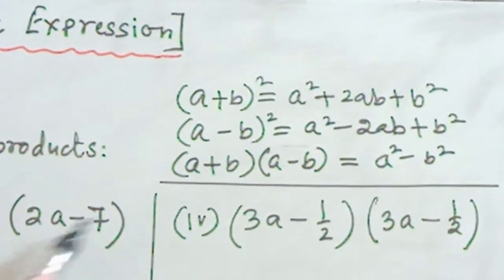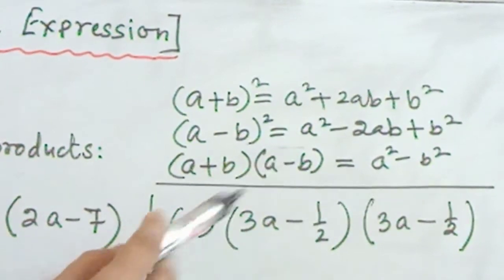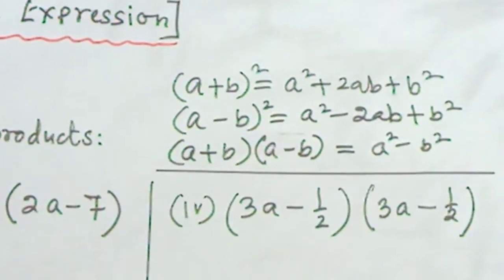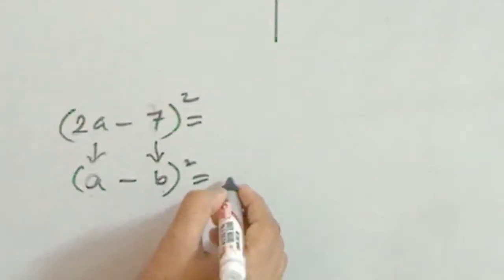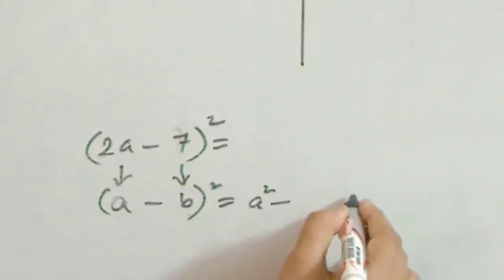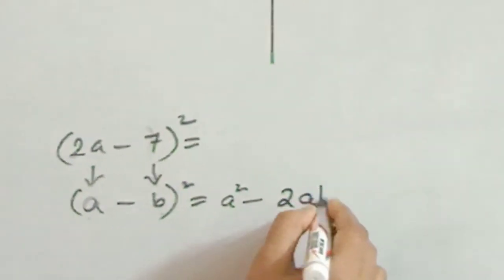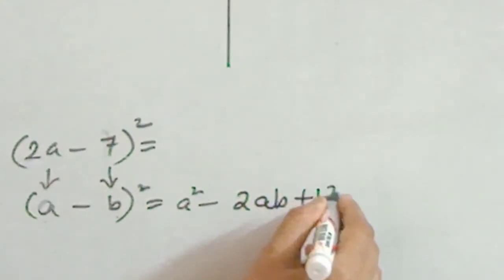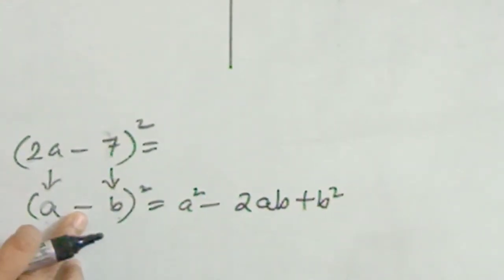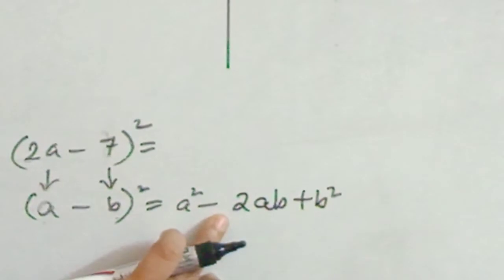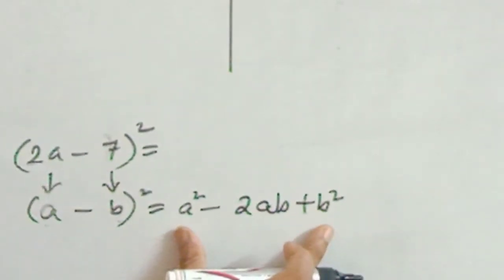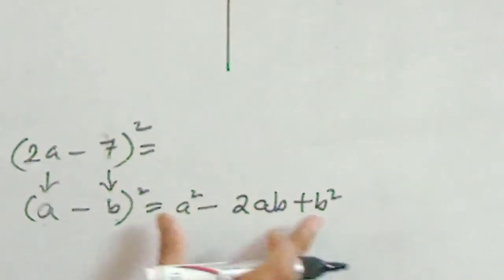So a minus b whole square is a square minus 2ab plus b square. We will consider 2a as a and 7 here as b. And we know that a square minus 2ab plus b square, this is the main difference. When inside it is minus, so only 2ab will be minus. A square and b square both will be plus.